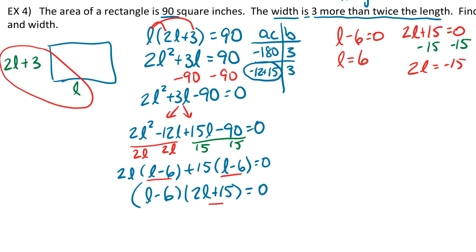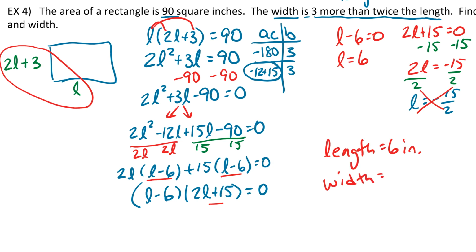Then we can divide both sides by 2 and get L equals negative 15 over 2. Now again, that's negative, so we can throw that one out. So we know that the length is going to be 6 inches.